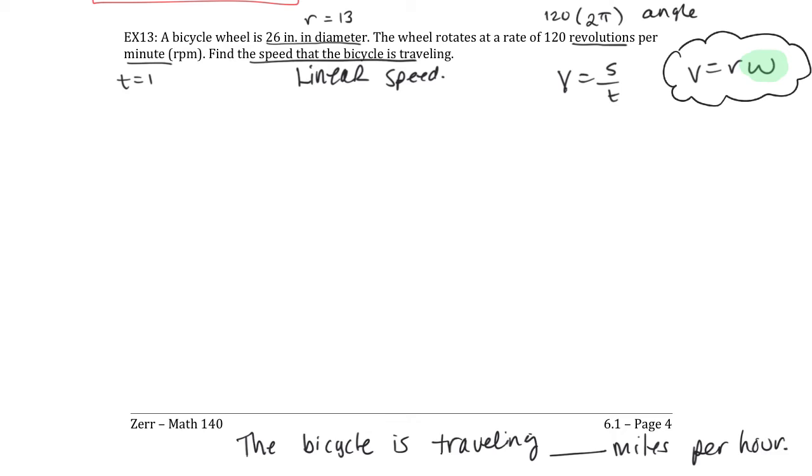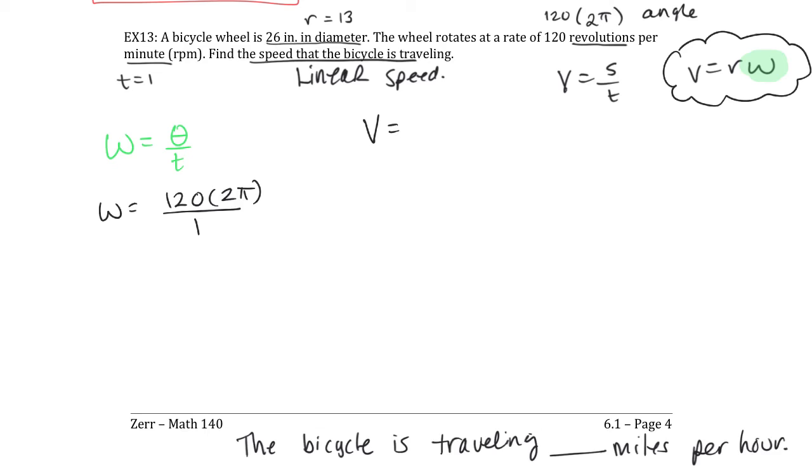Angular velocity is given by the angle divided by the time. We have our angle of 120 rotations, so that's 120 times 2 pi, and the time is 1 minute. Now we're going to use that to find our linear velocity.